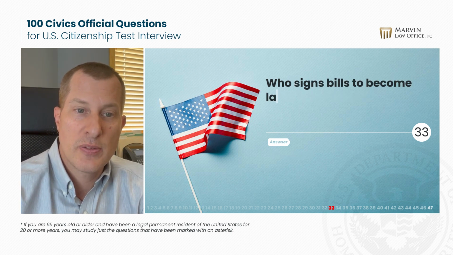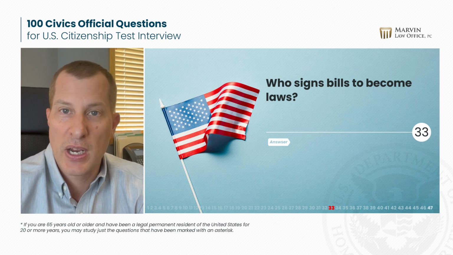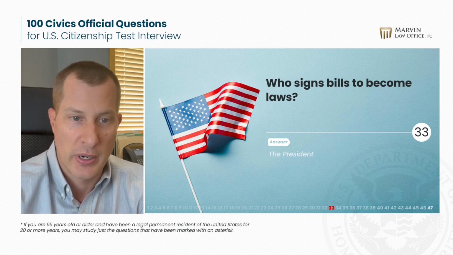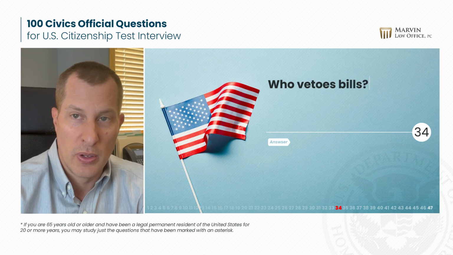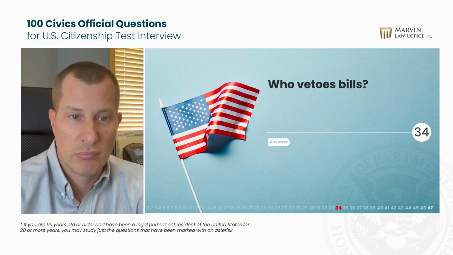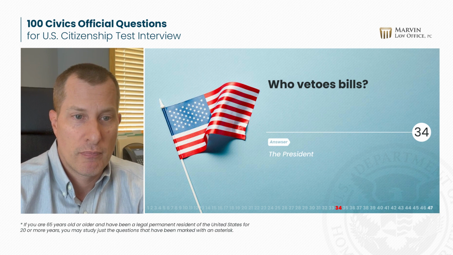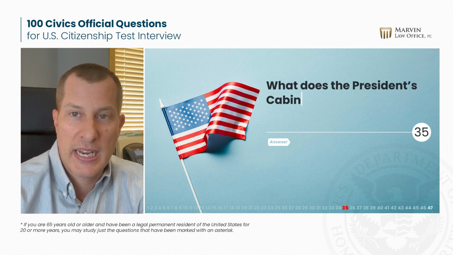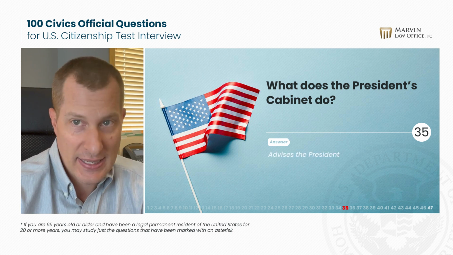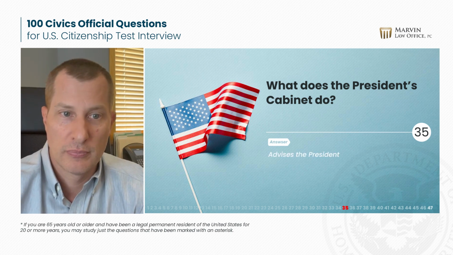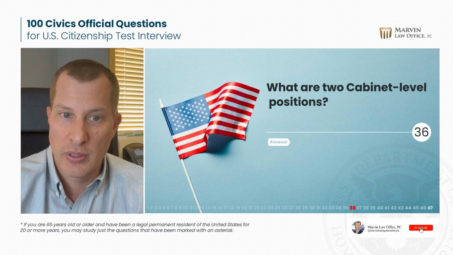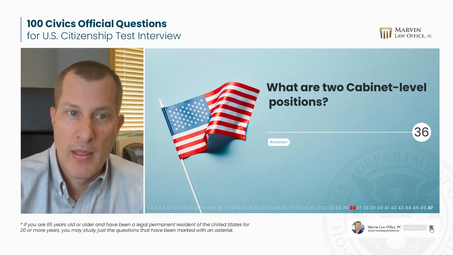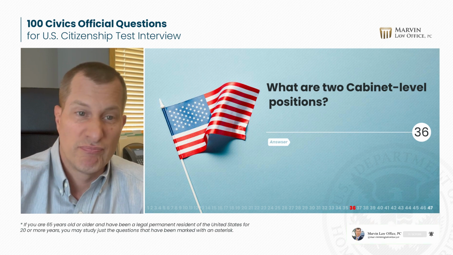Who signs bills to finally become laws? The president. Who can veto a bill? Veto means to kill it. The president. What does the president's cabinet do? The cabinet advises the president. What are 2 cabinet-level positions in the government? There's a lot of them.